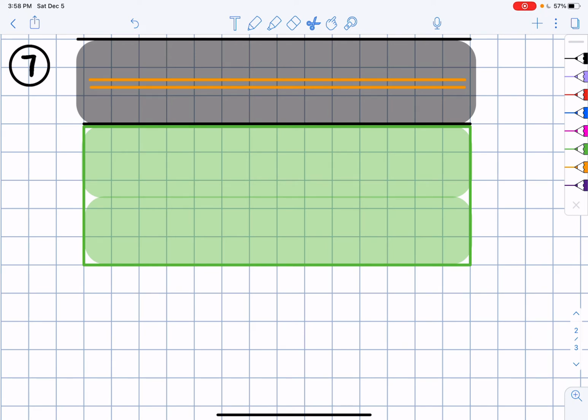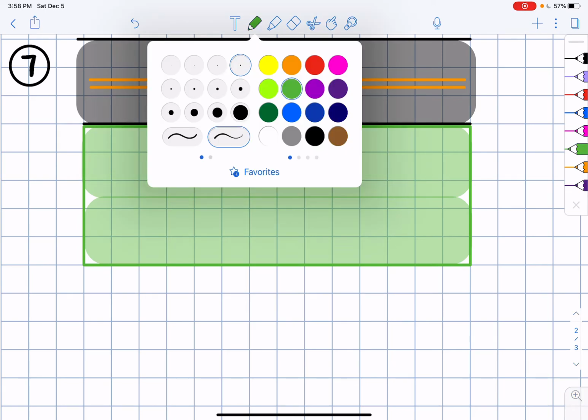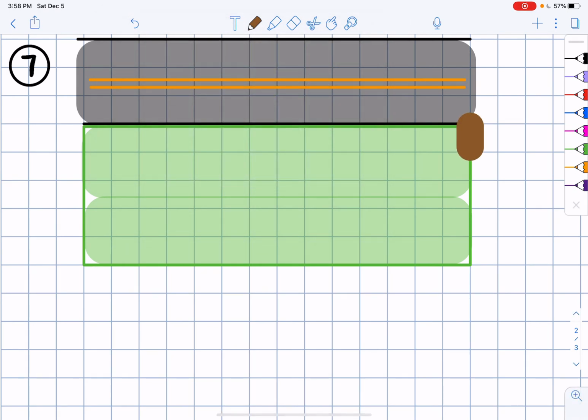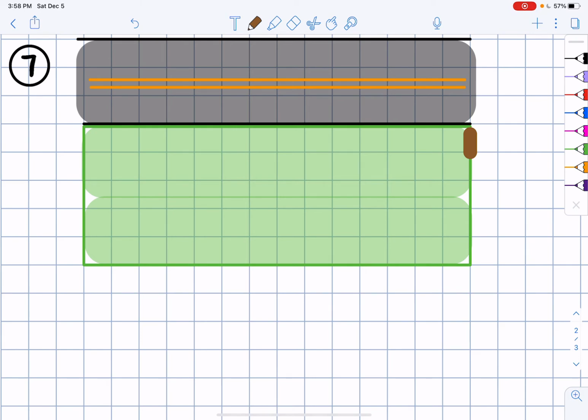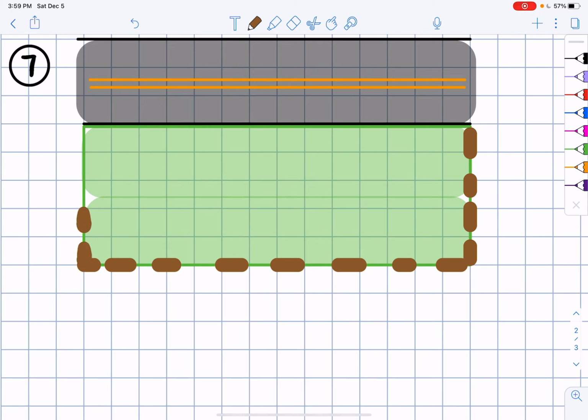Alright, so there's my grassy field, and I'm going to have a fence. Alright, so there's my fence.